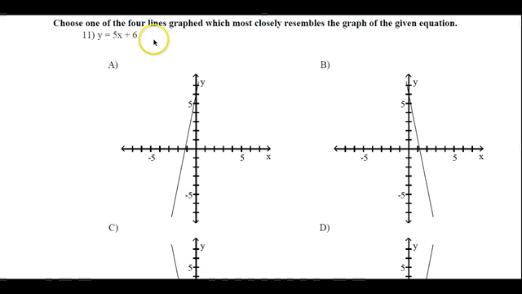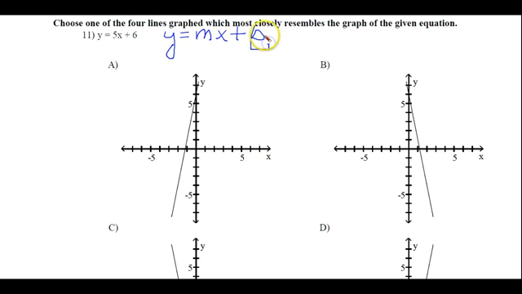Now, in this example, they're asking you, if you had this equation in slope-intercept form, how would you graph it? And which graph would it match up to? Well, here is the y-intercept, and this is y equals mx plus b.